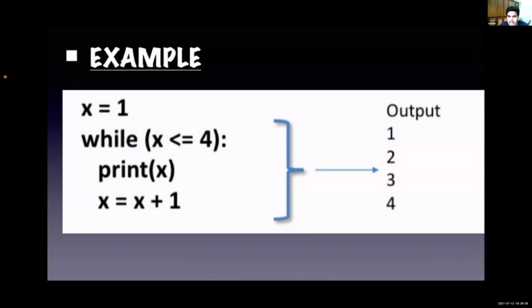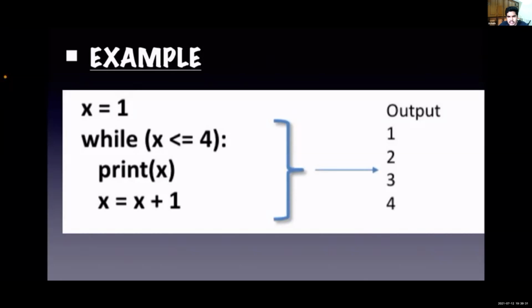Here we are giving 1 as the value to x, and so we are entering into the loop. We've used a while statement here: while x is less than or equal to 4. Considering 1 is less than 4, we'll enter the loop. Now we are printing x, which means we are printing 1.